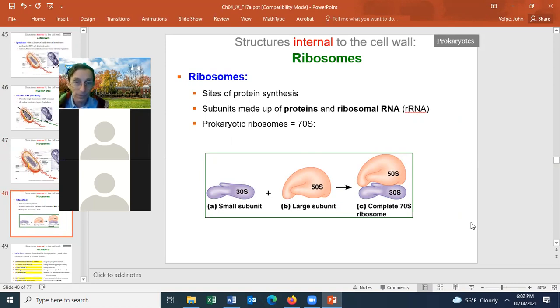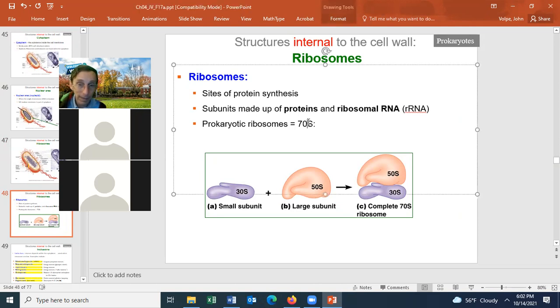in an ultracentrifuge tube. All you need to know is it's 70S, but that S actually does stand for the sedimentation of the ribosome in the ultracentrifuge tube. The ribosomes are the site of protein synthesis, and ribosomes are made up of ribosomal protein and ribosomal RNA. Ribosomal RNA is also called rRNA.